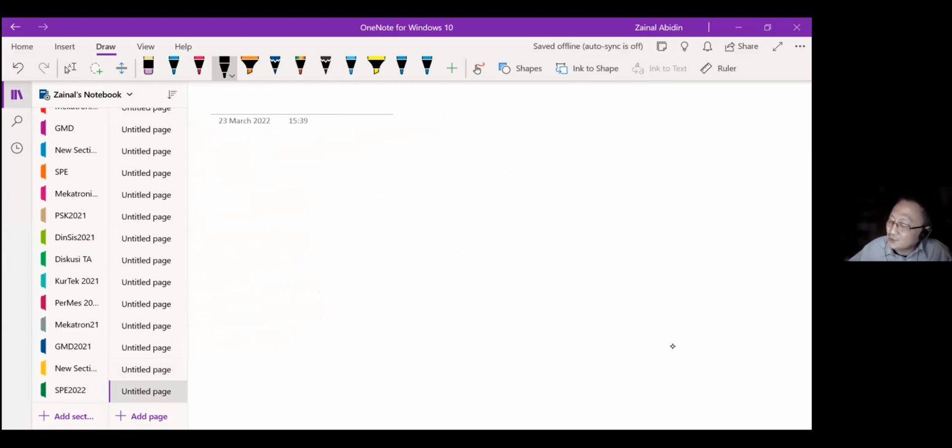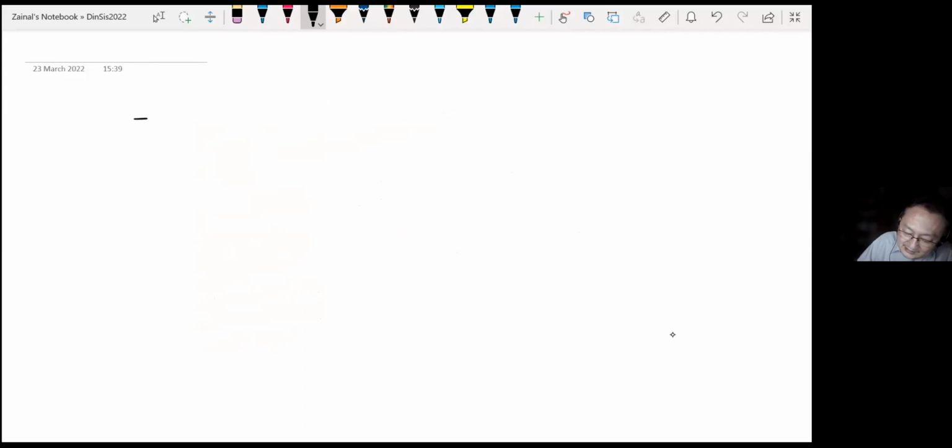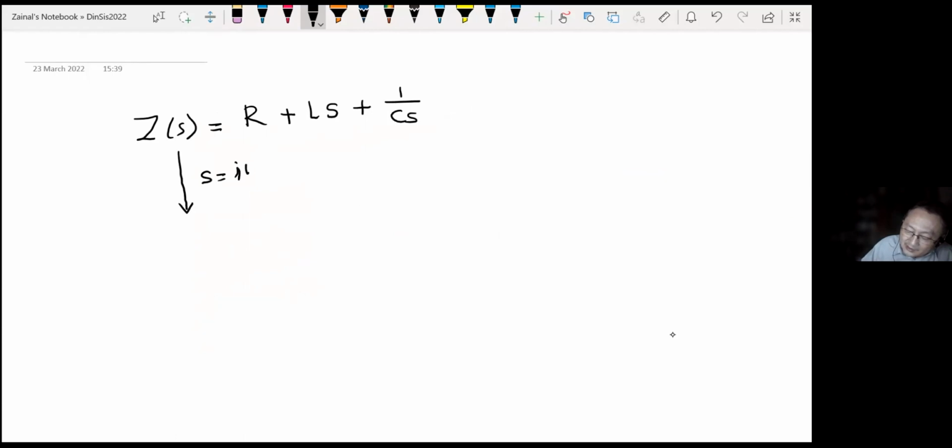This is equal to R plus LS plus 1 over CS. Now I want to find S equal to I omega.